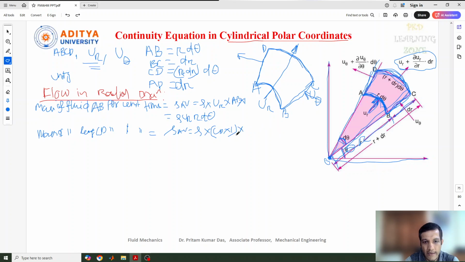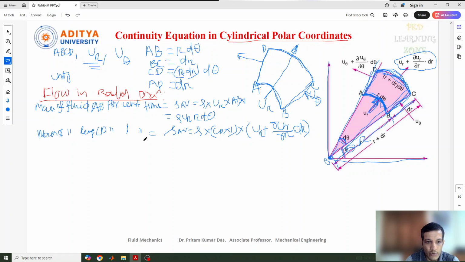Now let's write the density, area, then the velocity term. What is the velocity here? We can write the existing velocity ur plus del ur by del r into dr, the distance traveled. This is the velocity which is crossing this surface.